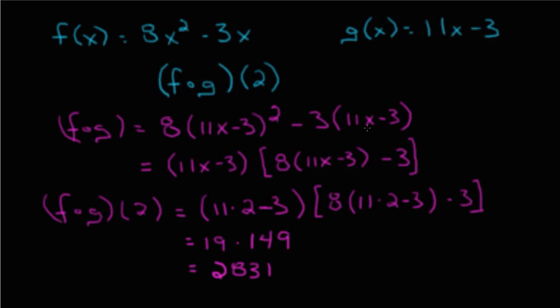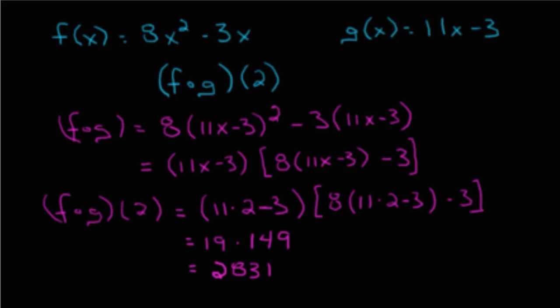And then 22 minus 3 is 19, 19 times 3 is 57, and that gives 2831. So either way we could do that, and we would still get the same answer. So f composition g at 2 is 2831.